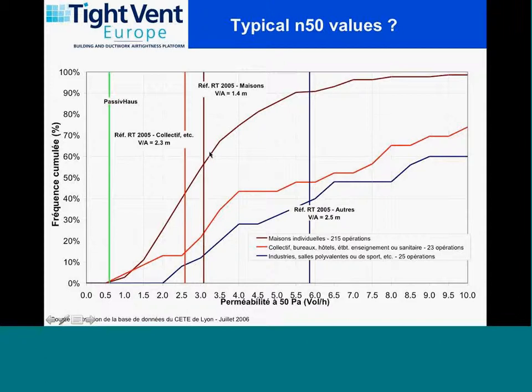You can see here for residences, for instance, more than 40% of the buildings have an air leakage rate which is higher than that. If you look at industries, it's even worse, but the sample is smaller. It's only 20 or 25 buildings, whereas for residences it was 215 buildings.